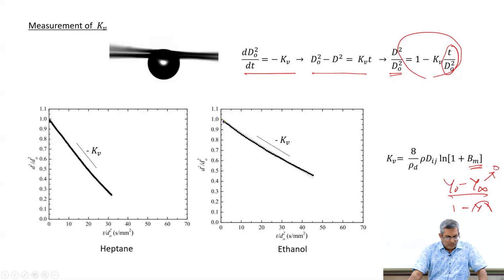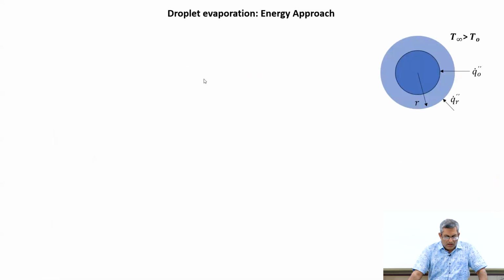Okay. Now, we will move on to derive the same model but using an energy approach. So till now what we considered was only the species transport, or we derived the model based on mass transfer analysis.